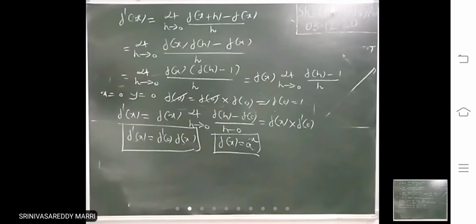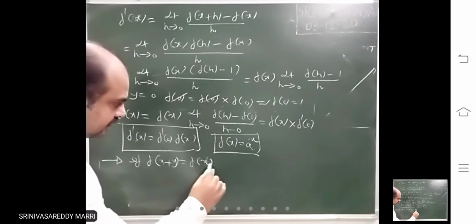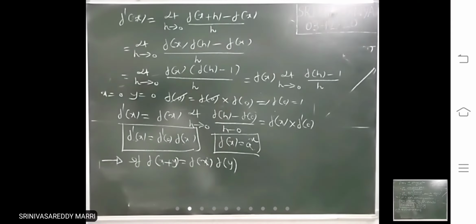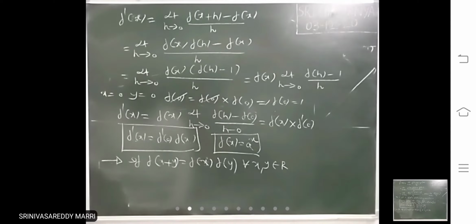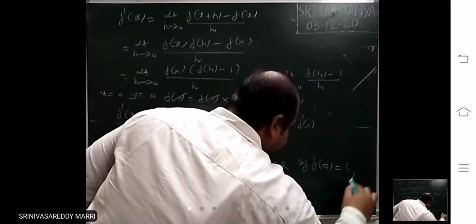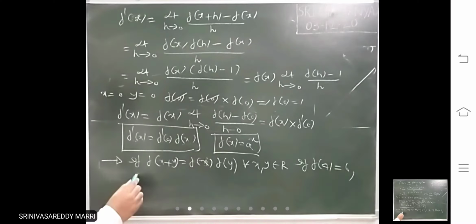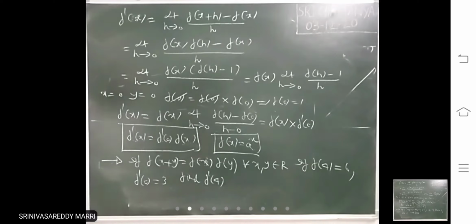The problem will be asked like this: if f of x plus y equals f of x into f of y for all x, y belongs to R, given this equation, if f of 4 equals 6, f dash 0 equals 3, find f dash 4. He will ask like this.